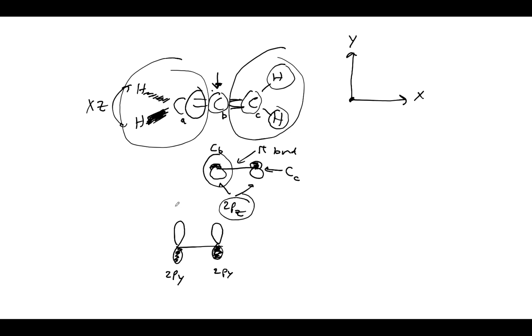So this one over here comes from carbon A, and this one over here comes from our carbon B. So carbon B is our true central atom, if we're talking about this rigorously. So the answer here is D, that the 2py and the 2pz are the orbitals on this central atom that are involved in the pi bonding.